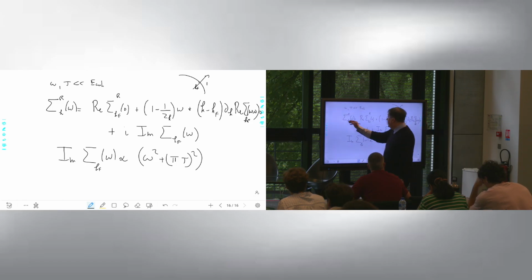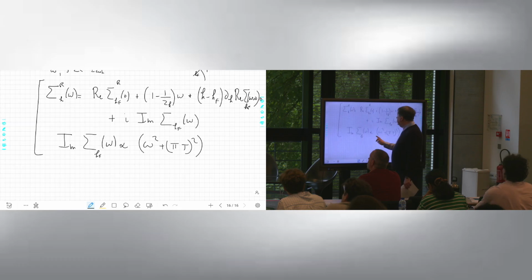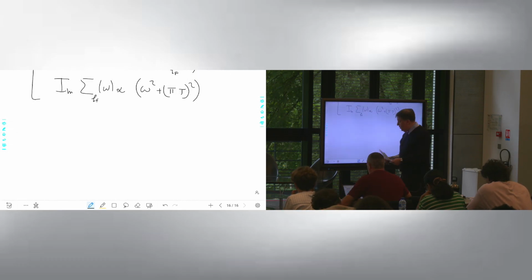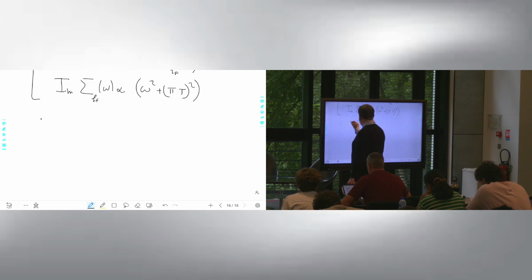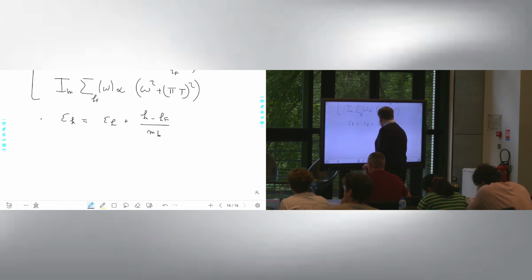So you have this self-energy here. And now from there, we are going to extract the quasi-particle properties. I just need one little addition, which is the fact that epsilon k itself, I'm going to expand close to the Fermi surface by saying k minus kF over some mB.